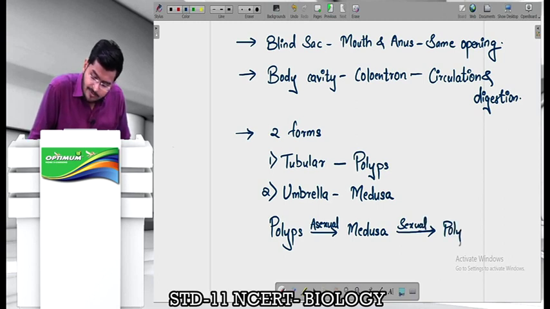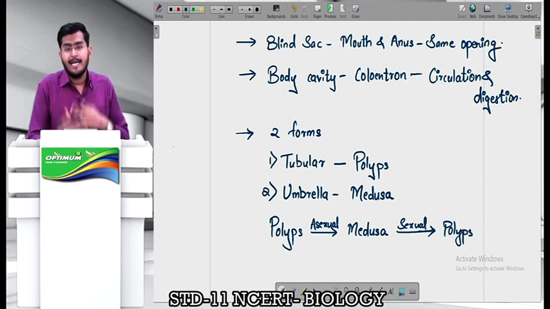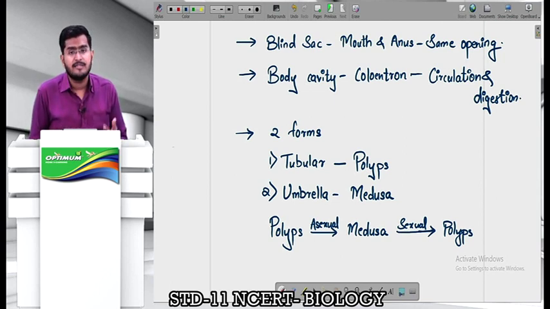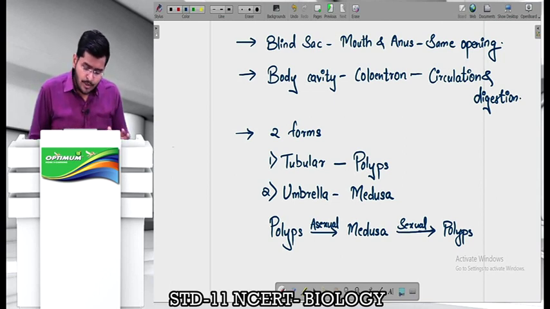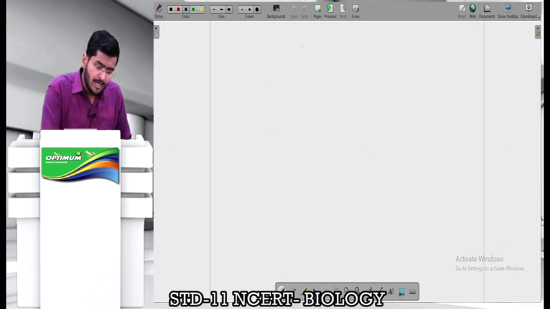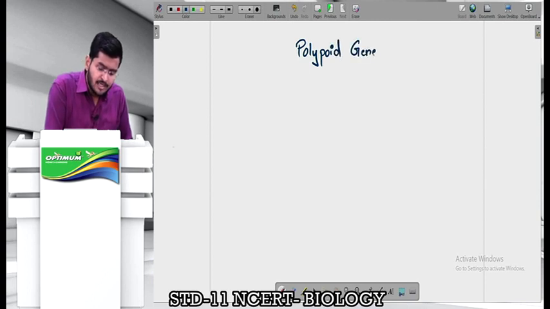So they can also be seen as an alternate generation, wherein one generation is seen as polyps, which when they multiply asexually give rise to medusa, and medusa when reproducing sexually gives rise to polyps. In this conversion, one generation is seen as the polypoid generation, okay, and the other generation is seen as the medusoid generation.